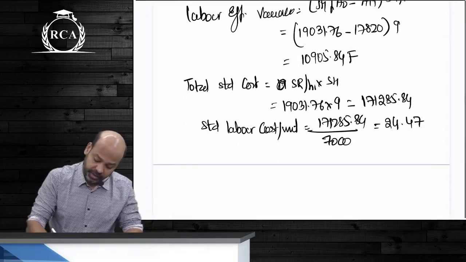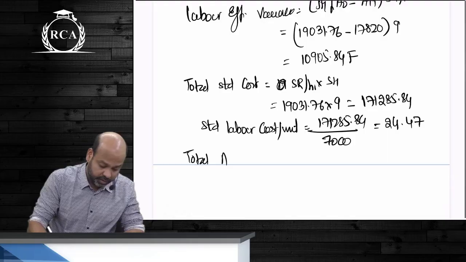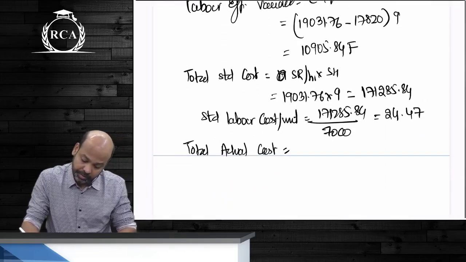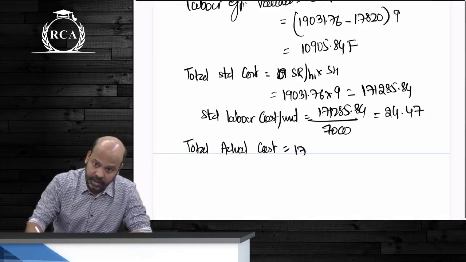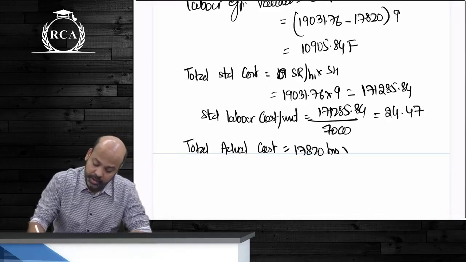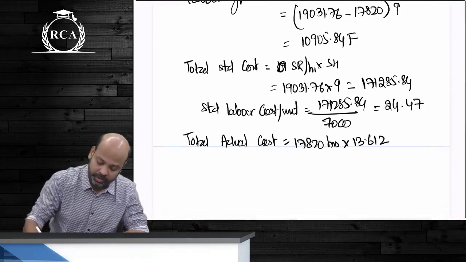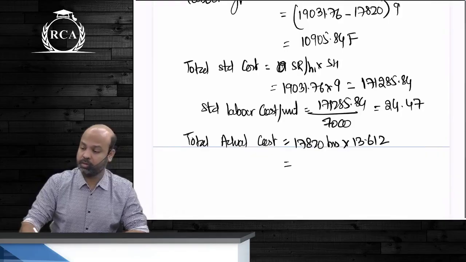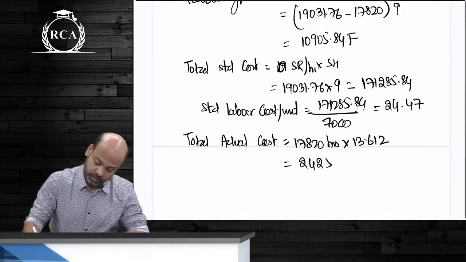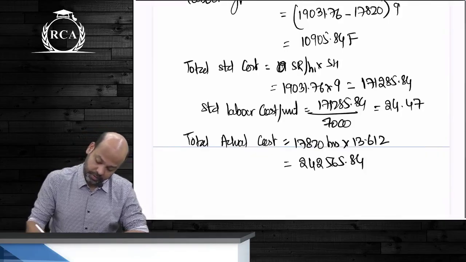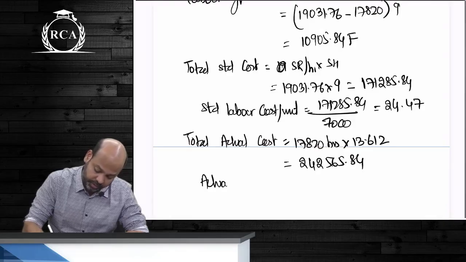Same way, guys, you will write total actual cost. Total actual cost, beta, is equal to how many hours, beta? 17,820 hours multiplied by what is the actual wage rate, guys? 13.612. How much will this be? 0.84. What will be your actual labor cost per unit?